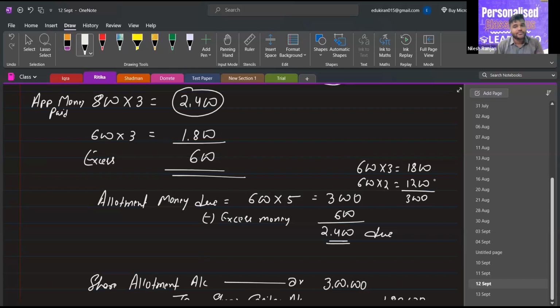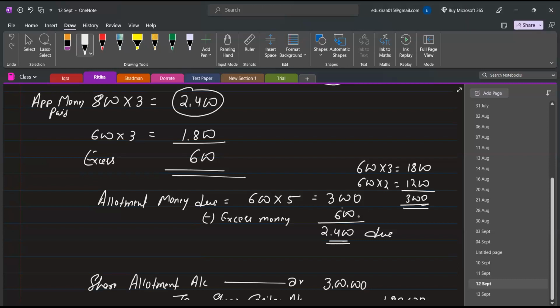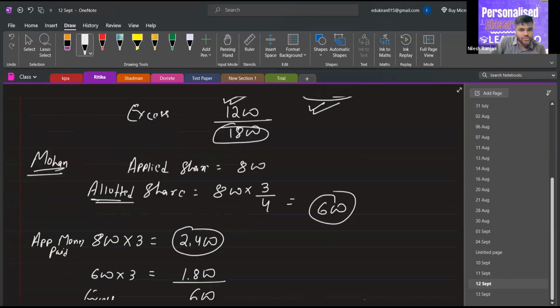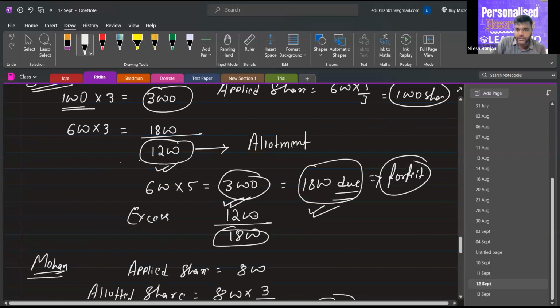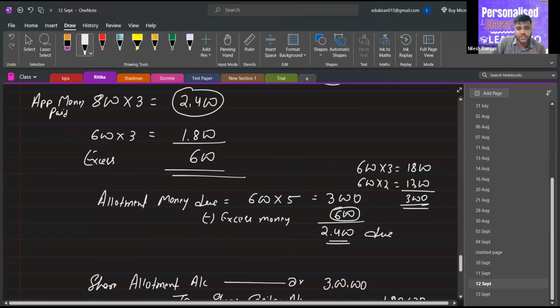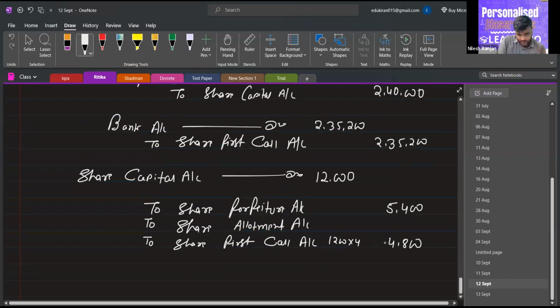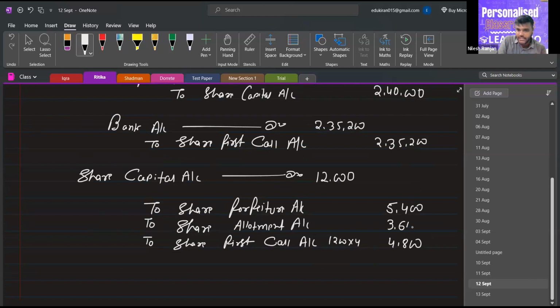And he has paid only 600, which will not cover the premium part also. In Sohan's case, the premium part is already covered here, 1,200, but in Mohan's, it is not covered. So that's why 1,800, yes, we were writing correctly. But there will be some change here, plus 600.